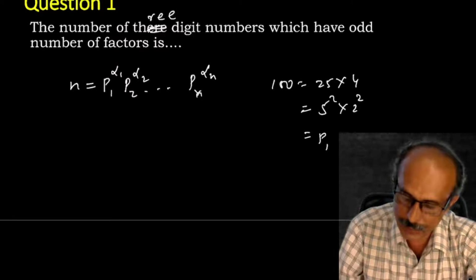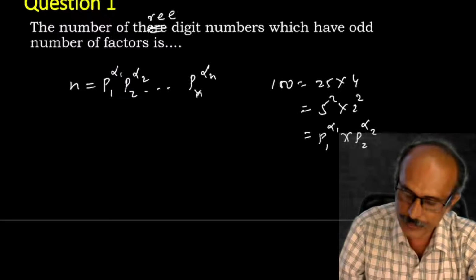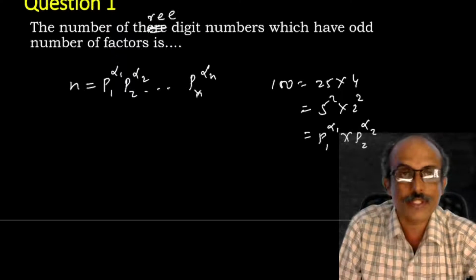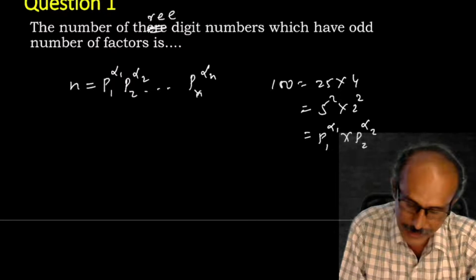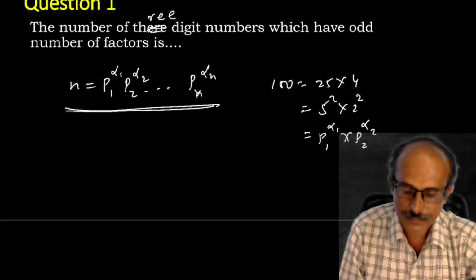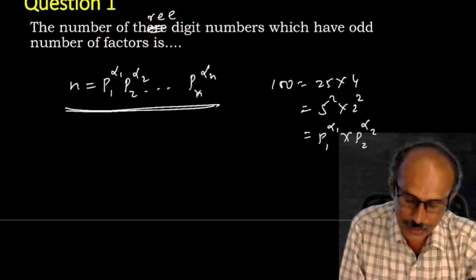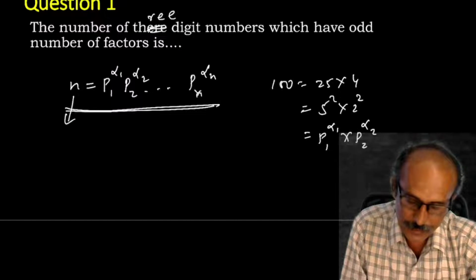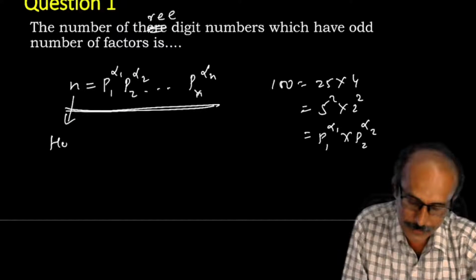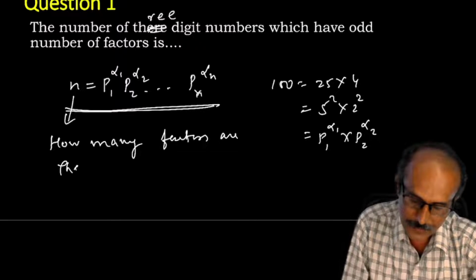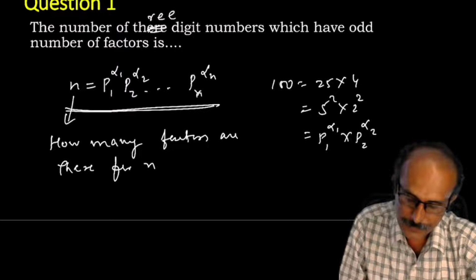So here is p1 power alpha 1 into p2 power alpha 2. So p1 equal to 5, p2 equal to 2, alpha 1 is 2, alpha 2 is 2. So let me now characterize those numbers which have odd number of factors. So how many factors are there for this n?